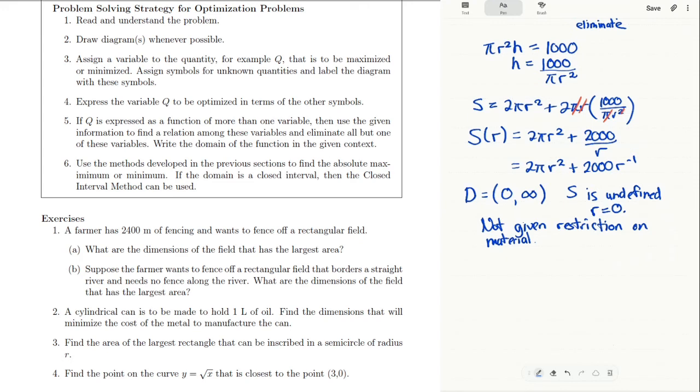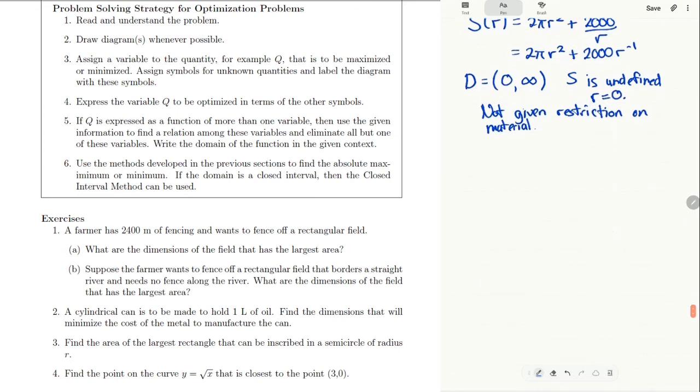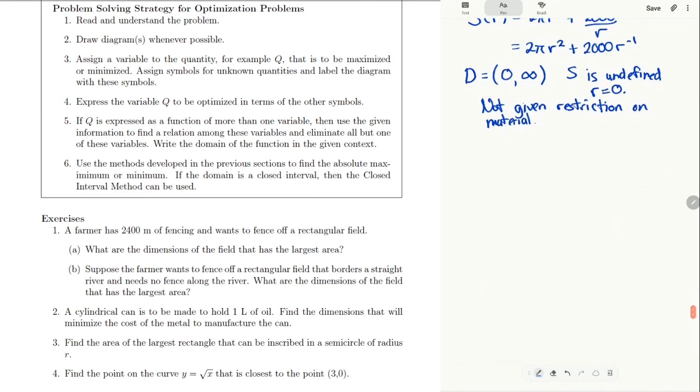So now because we're not given a closed interval, then we can't use the closed interval method for finding the absolute minimum. And so we're going to look at using the first derivative test. And hope that there is only one critical number for this function.